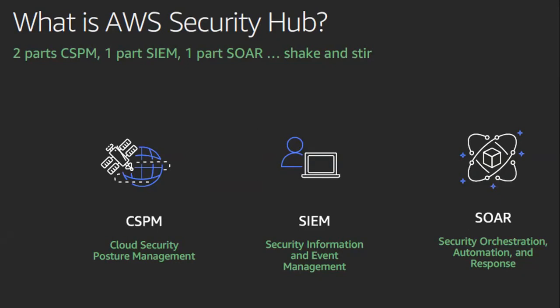SOAR is security orchestration, automation, and response, so you can orchestrate and automate your security rules and responses via Security Hub. It's a very interesting service, and it makes your life easy because you can present a single dashboard to maybe your security manager, and they can see what is happening inside your infrastructure.